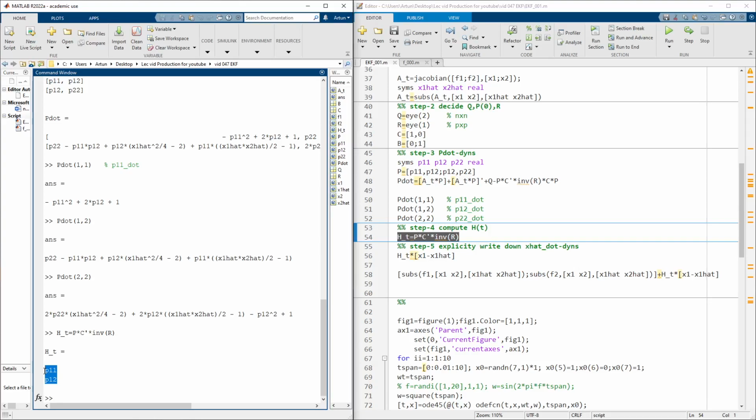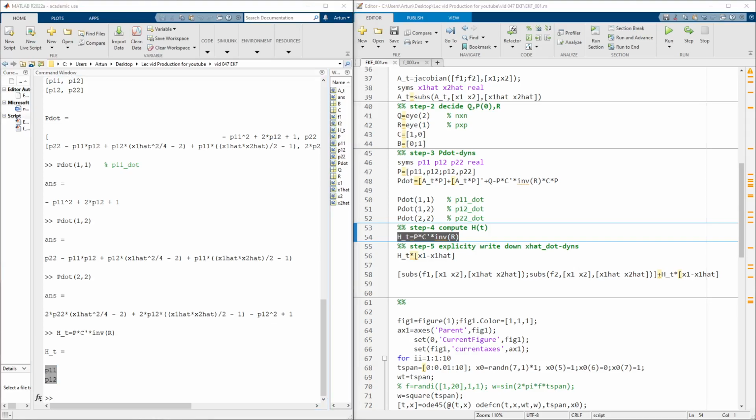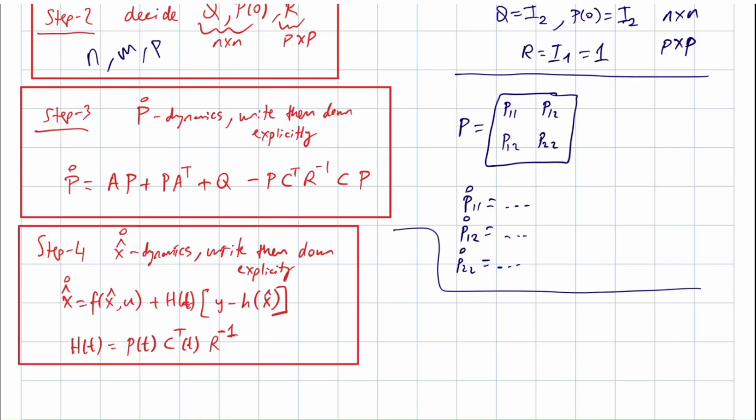Let's get back to the tablet because I want to point out one thing. So we know what H of t is at this point, and let's construct the x hat dynamics.